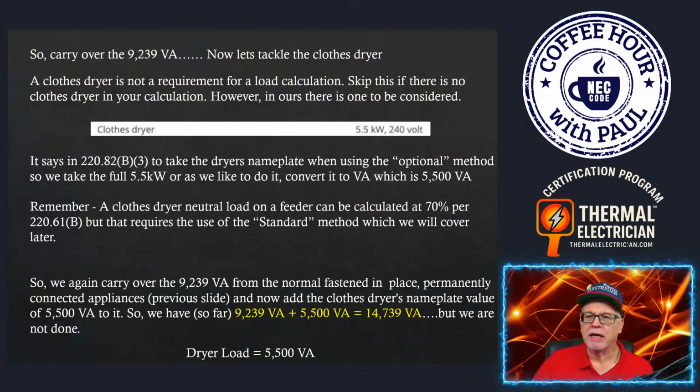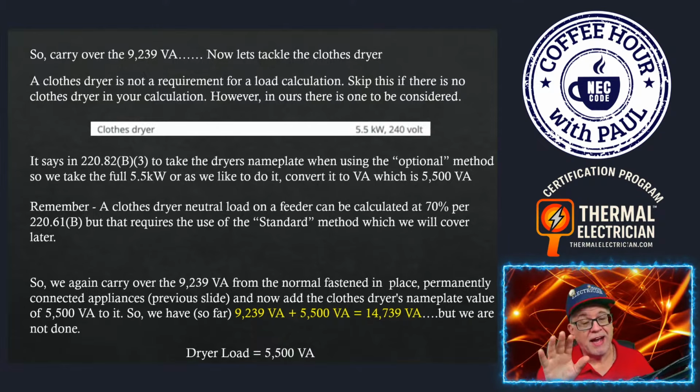Anyway, enough of that. All right, so in the optional method, we're taking purely the nameplate. Now remember, in this regular Part 3 method, 5,000 was the minimum, or the nameplate, whichever is larger. So if it was less than 5,000, say 4,500, we're still going to take 5,000.